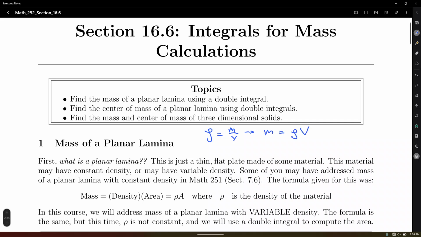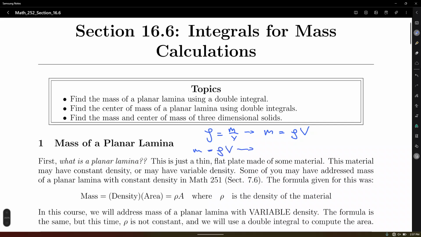Well, this is the typical density in chemistry or physics or in a general science class, and typically you find it for a solid material. But one thing we need to understand here is that we may find the density of a planar region and the density of a length. Mass equals density times the volume.